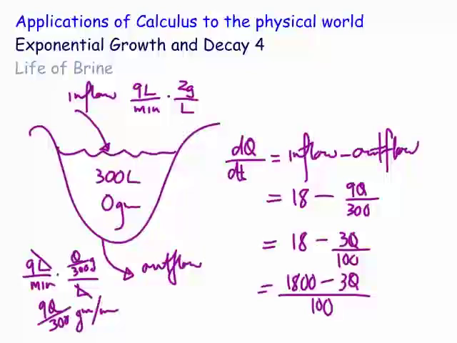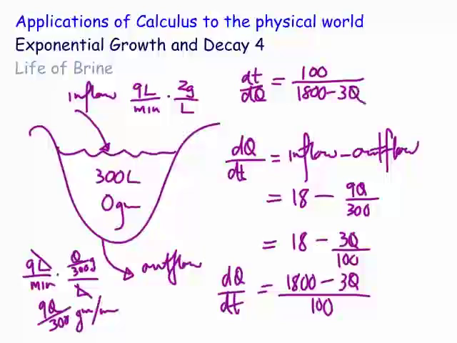That's dQ/dt, and we turn it upside down. So we end up getting dt/dQ equal to 100 all over 1800 minus 3Q. Now we have to integrate both sides with respect to Q. So let's do that.